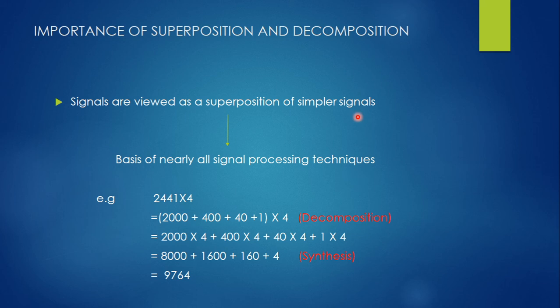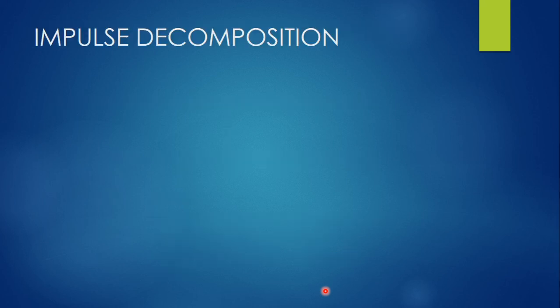A complex signal is broken into the smaller, simple signals. Then you do the processing like that. And then you do the synthesis. Then you add up these to get the output. So the first decomposition that we will discuss is impulse.